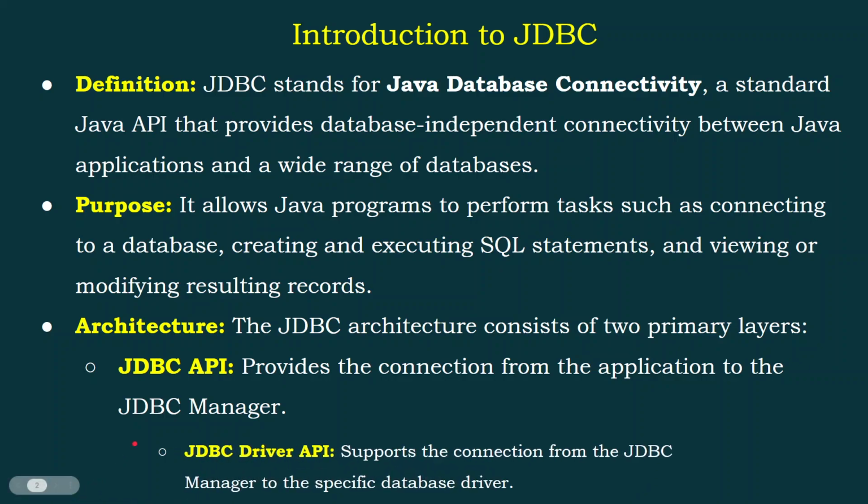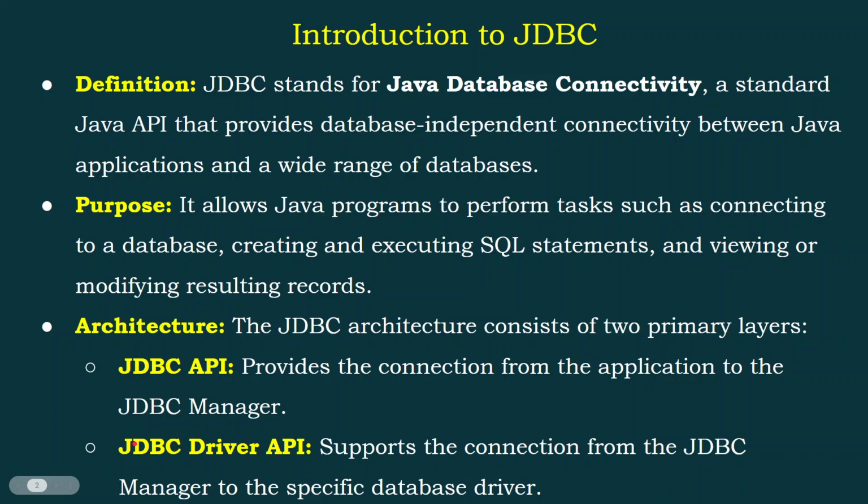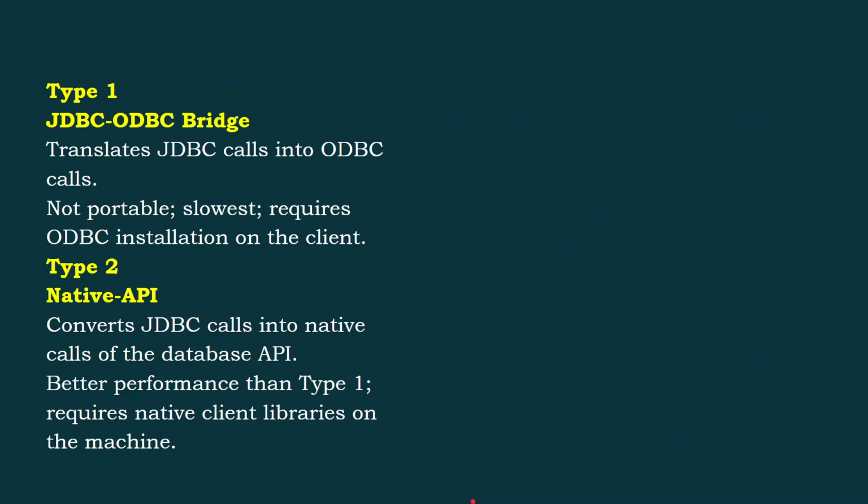The second layer is the JDBC driver API. This supports the connection from the JDBC manager to the specific database driver. So this is like two levels. First is application to the JDBC manager, and then from the JDBC manager to the database driver. Okay, so this is the architecture of JDBC.